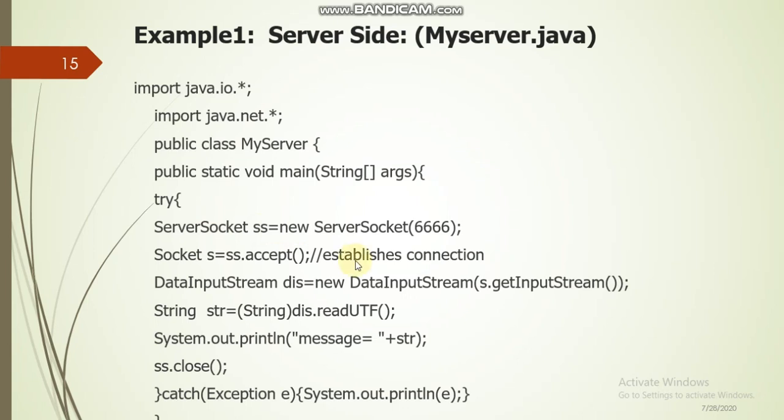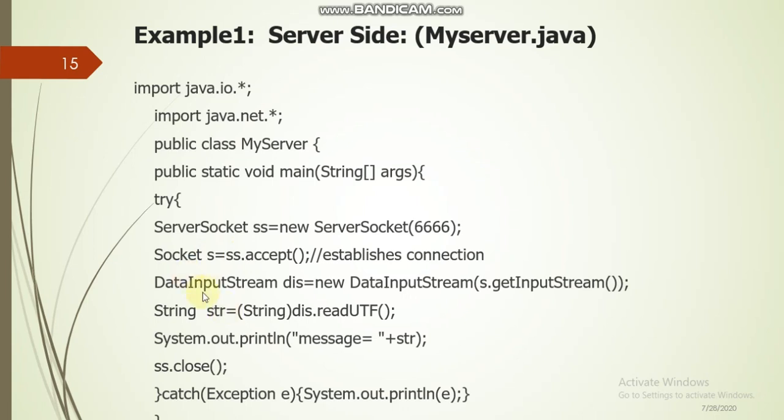Now here we need to accept, to send the accept method to the client, establishing the connection. That's why we said Socket s equal to ss, which is the server socket name, dot accept.